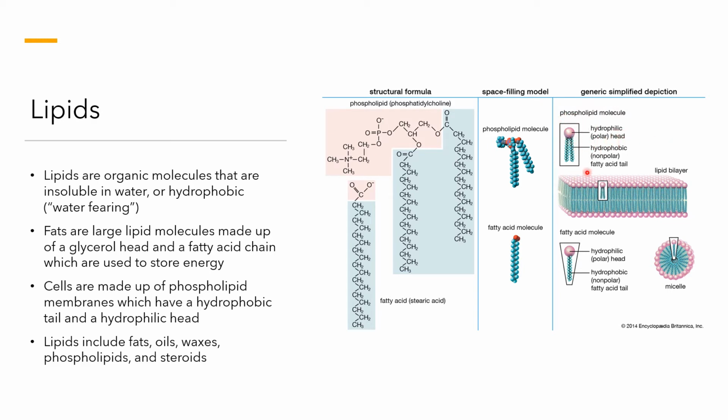And then you have your hydrophobic tail, which doesn't want to be mixed into water. And when it is mixed into water, this is what it looks like, because it does everything it can to keep the water out of these tails. Now you have your examples of lipids, which are going to be fats, oils, waxes, phospholipids, and steroids.